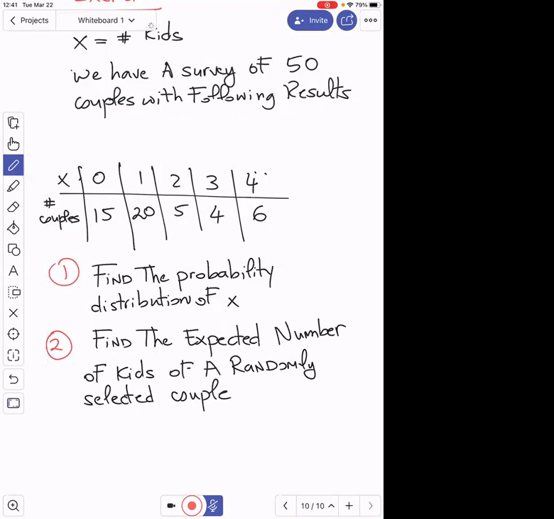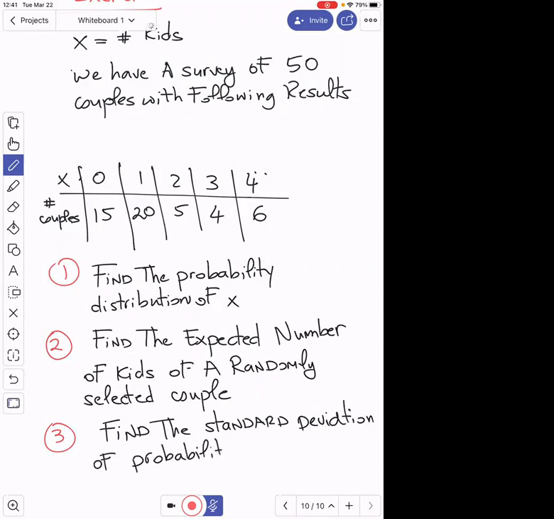Three, you need to find the standard deviation of the probability distribution of X. Find the standard deviation of the probability distribution of X.